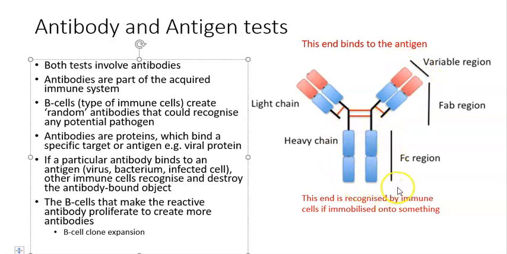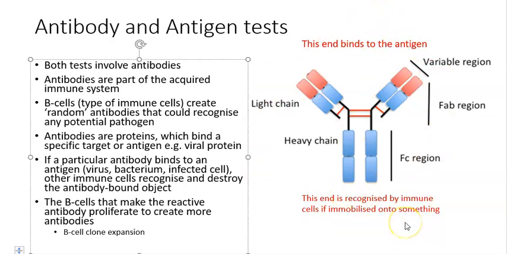If an Fc portion is sticking outwards from a bacterium, a virus, a protein, something very small but solid, then other immune cells such as macrophages will recognize that this antibody is bound to a relatively large immobile object, such as a bacterium or a virus, and the macrophage will come and engulf the whole thing.